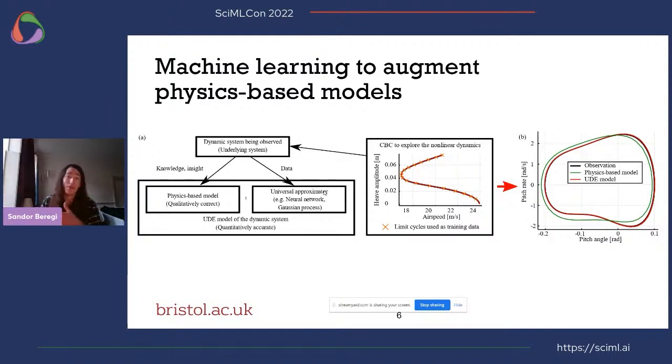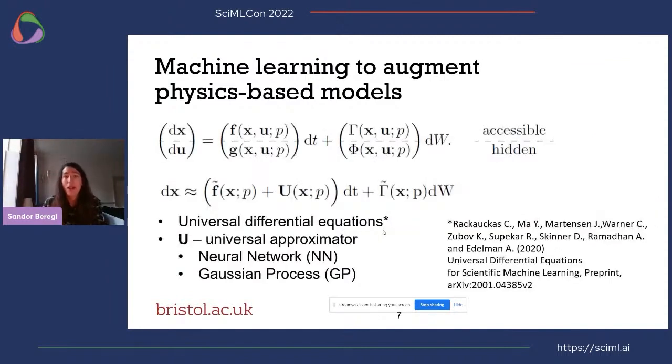There's always going to be some error due to the neglections and simplifications one has to make during the modeling procedure when compared to measurement data. So that's why I'm adding a universal approximator to the physics-based part and using a universal differential equation model to reach a higher level of quantitative accuracy when compared to measurement data.